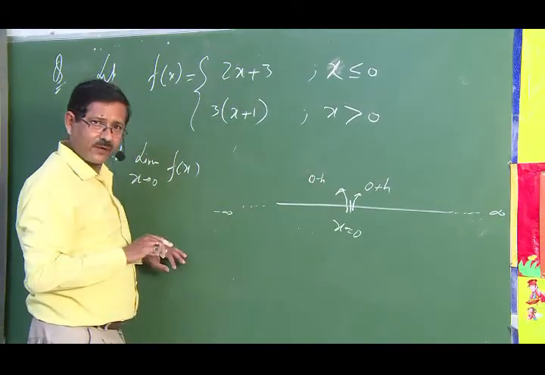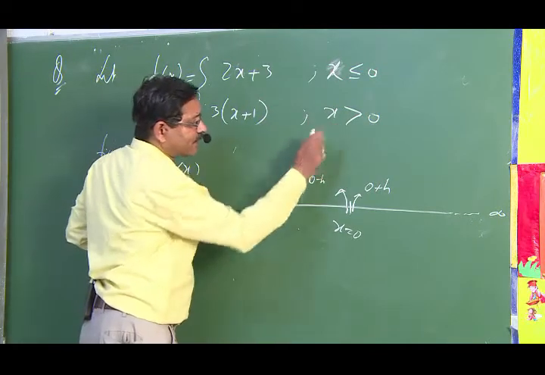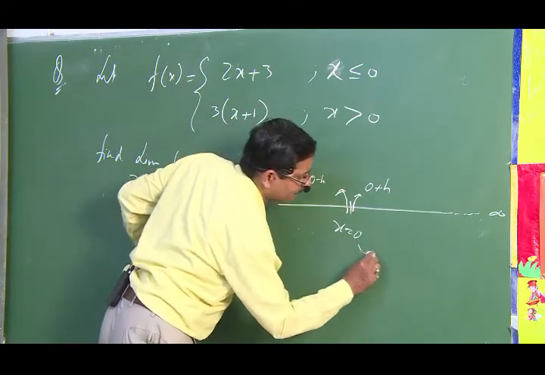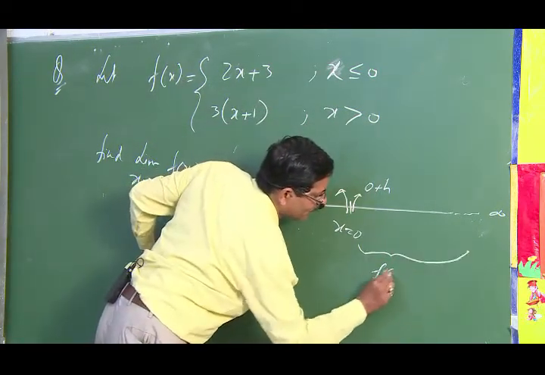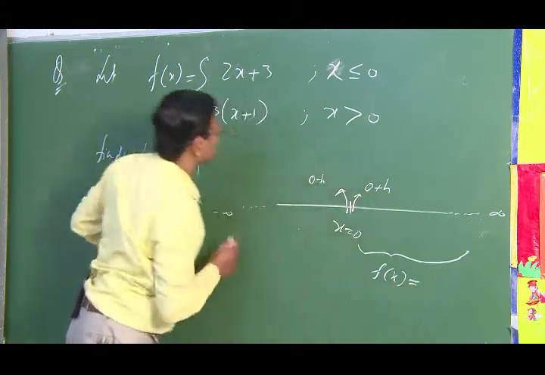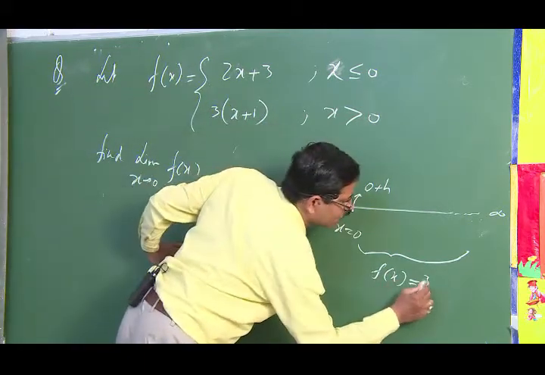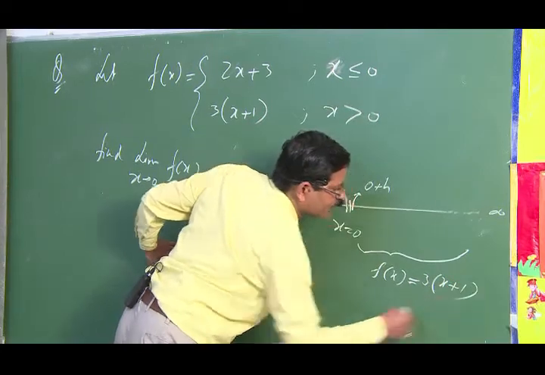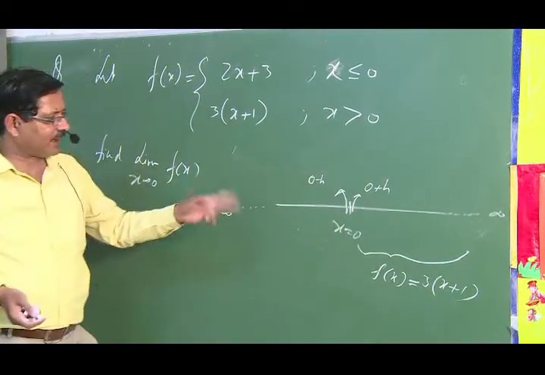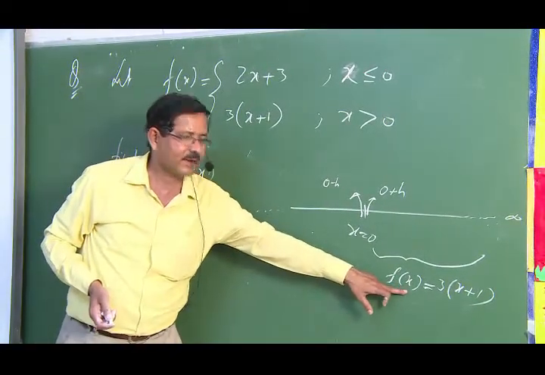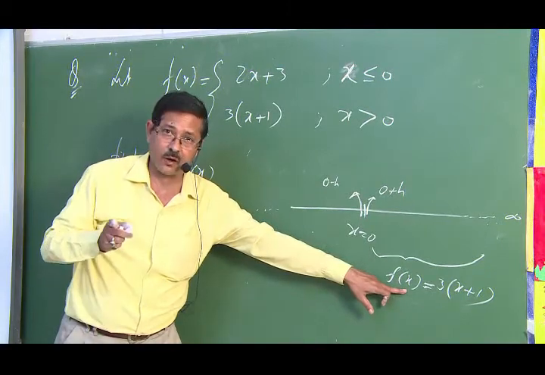Now the value of the function when x is greater than 0 is f(x) equal to 3 times (x plus 1). Okay, got my point?